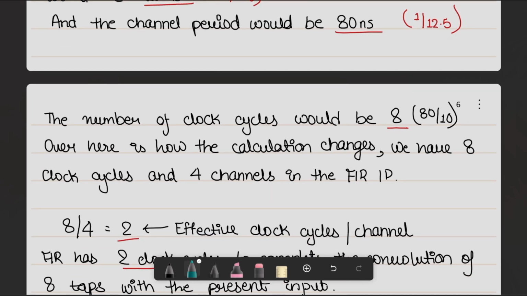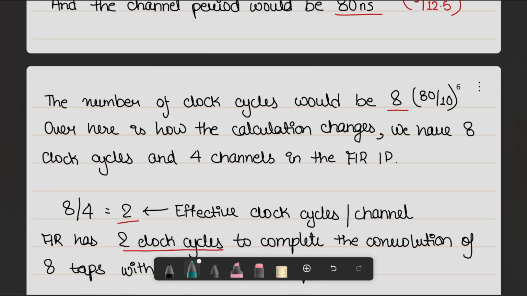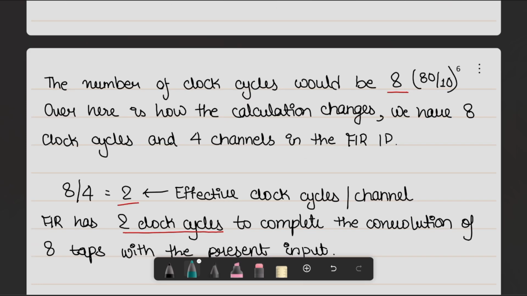The number of clock cycles that I would get per coefficient is 8, but this is where the calculation changes. Now, instead of 8 clock cycles for the entire one channel, we have to divide it among 4 channels.